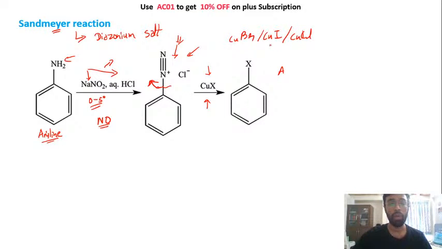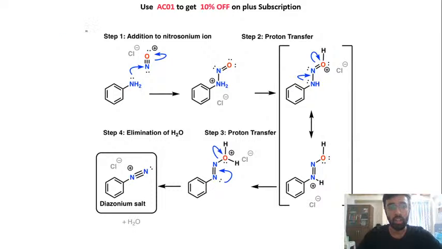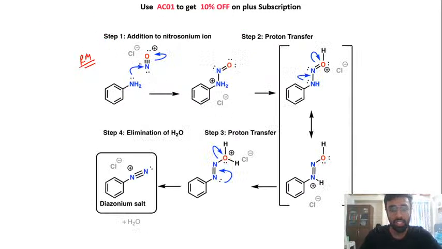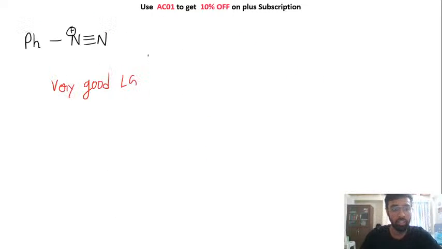You cannot prepare an aryl fluoride using this reaction, so you need a different reagent. ठीक है, so here is the reaction mechanism of your Sandmeyer's reaction. We have discussed this in our yesterday session. ठीक है, we have discussed this is a very good leaving group. This can leave anytime, creating a positive charge on your phenyl, है ना.